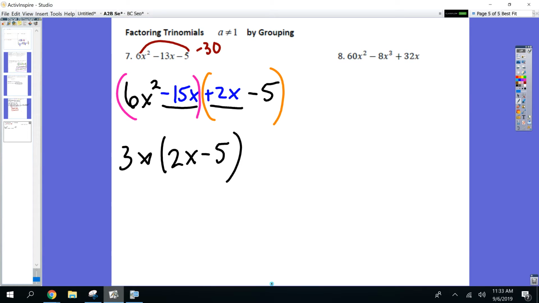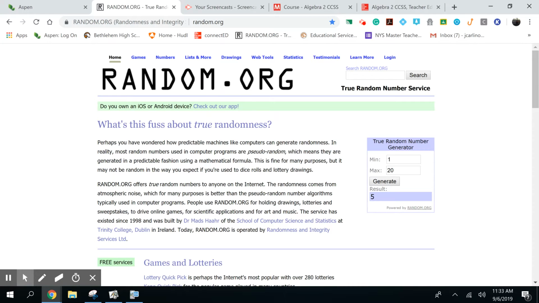Can't, right? Just a 1. And that's still going to leave me with 2x minus 5. Now let's finish it. Let's finish it. Here you go. Oh, look at this, huh? This is suspenseful.